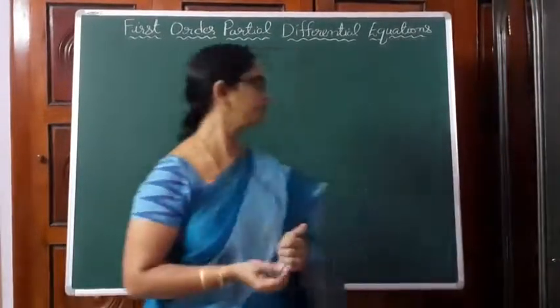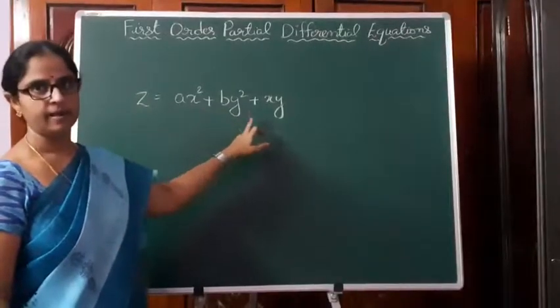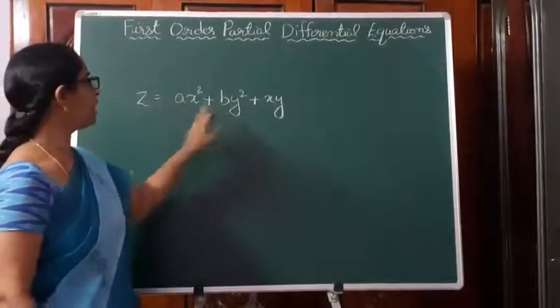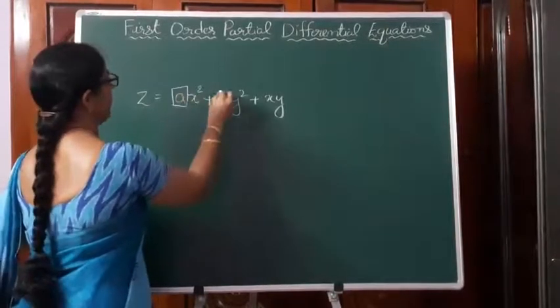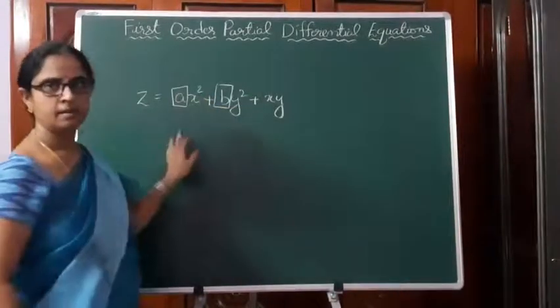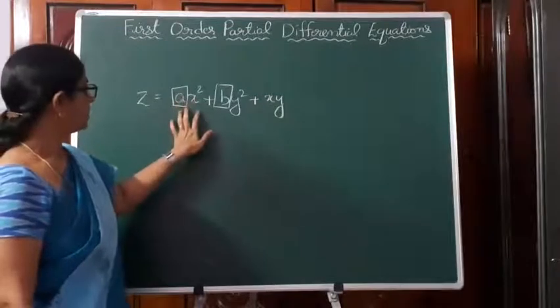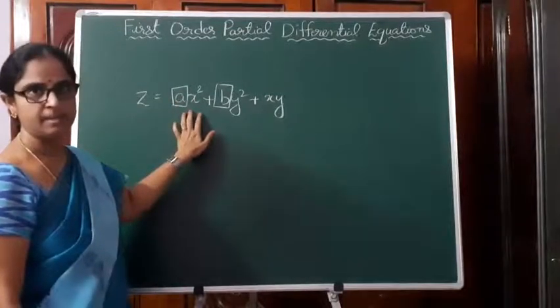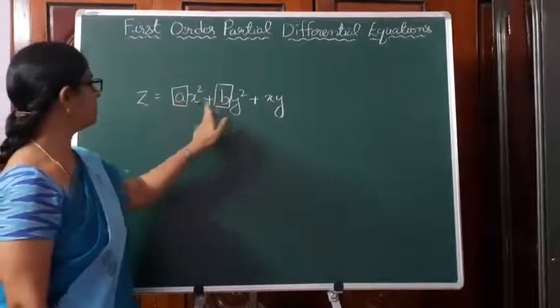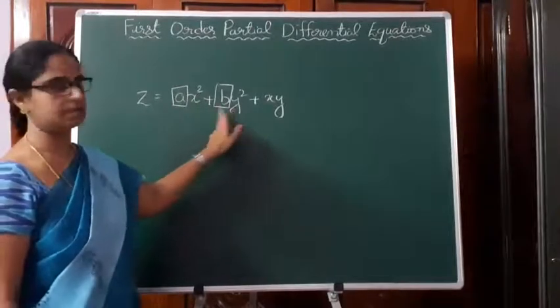For example, if I take an equation like z equals a x square plus b y square plus x y. This is a relation between x, y and z with two arbitrary constants a and b. So, a partial differential equation can arise from this equation by eliminating these two arbitrary constants.